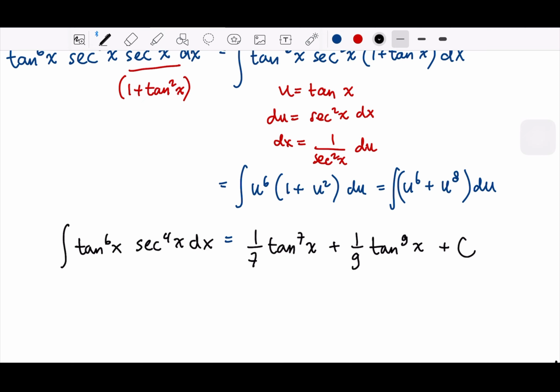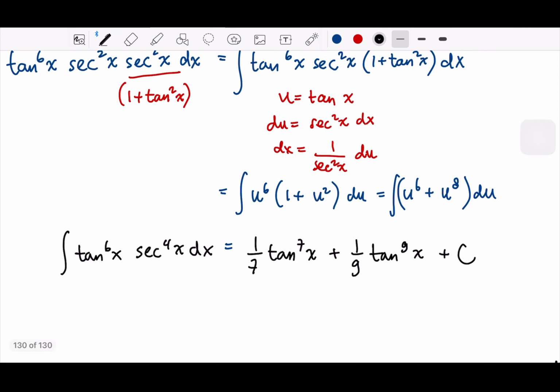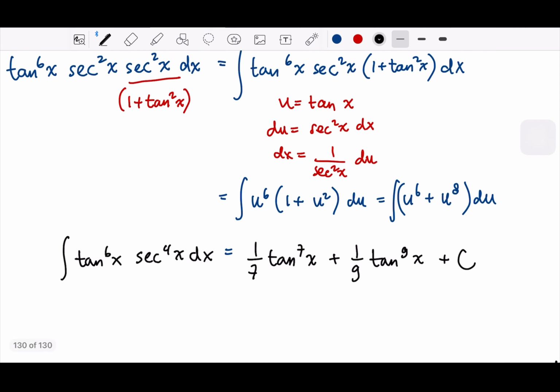Why not change all the secant to tangent? You mean the secant with power of 4? Yeah, can you, but then can you solve it? Really? Let me try.